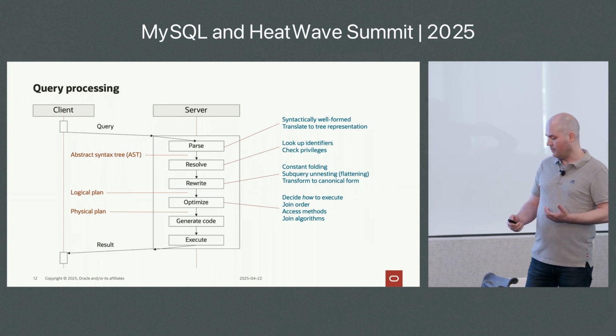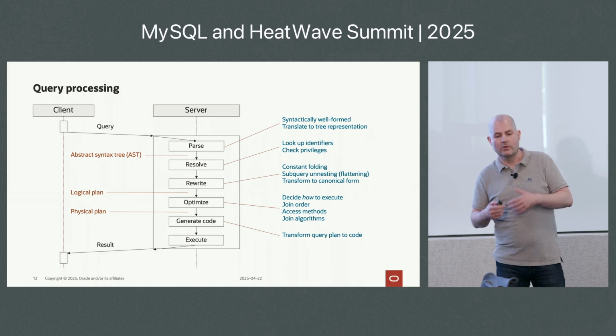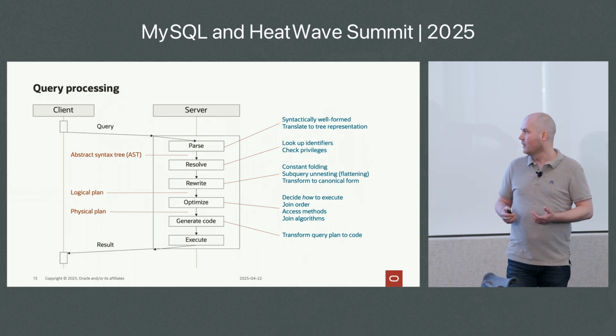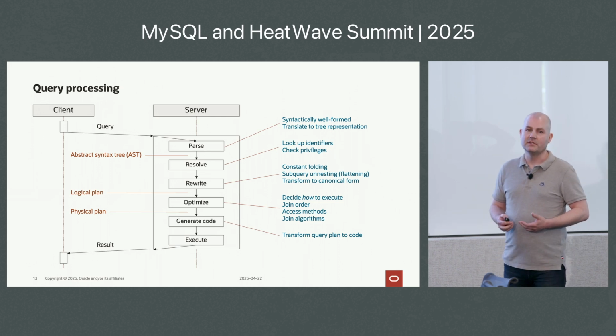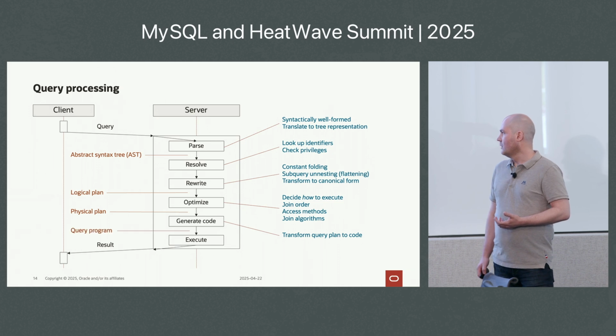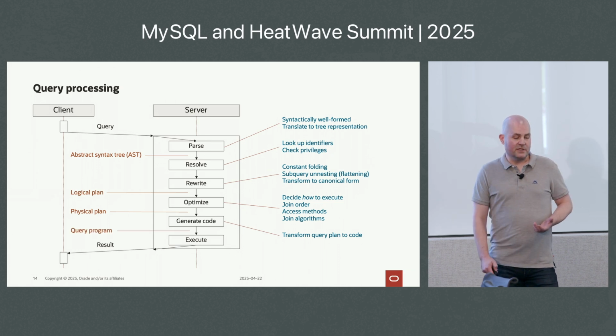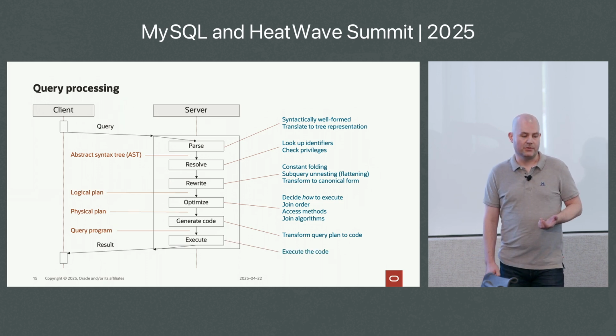And a step we don't talk much about in MySQL is the code generation step, because we don't compile into machine code or any kind of bytecode or anything like that. We just generate a set of iterators that we iterate over. So MySQL is an interpretive execution model. Our query program is a tree of iterators, and then we execute those.